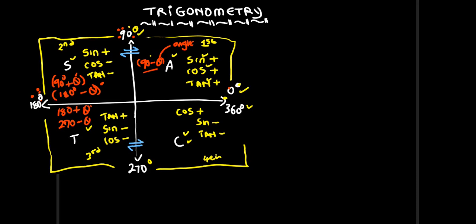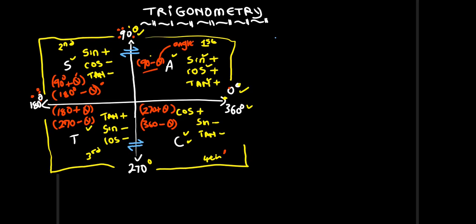The same goes for the fourth quadrant. For me to be here in this quadrant, I'll have to have 270 plus theta, or 360 minus theta. And that's what typically happens with this diagram.